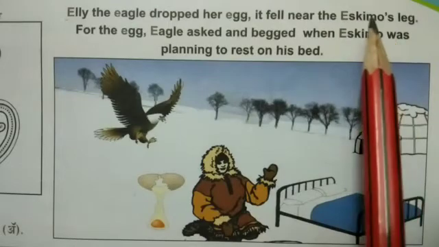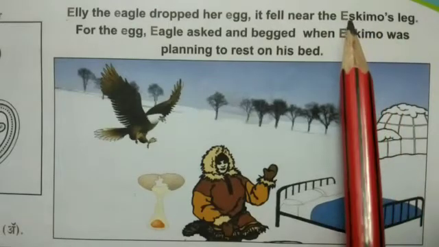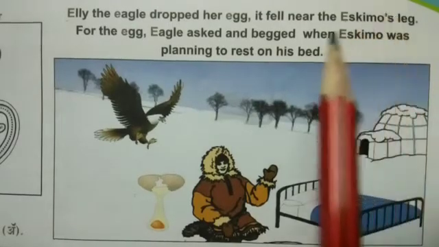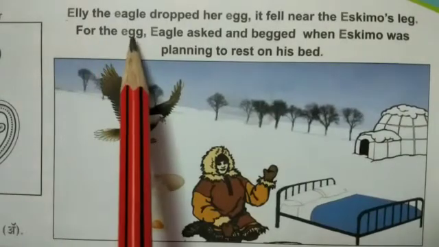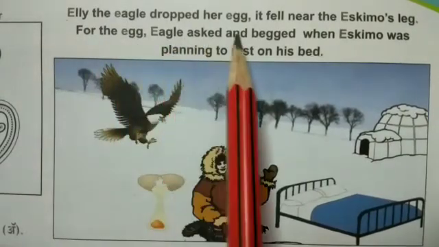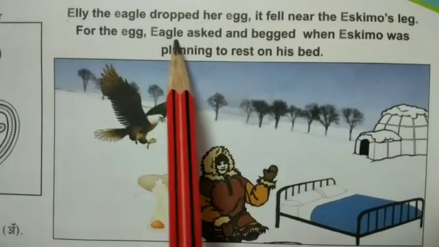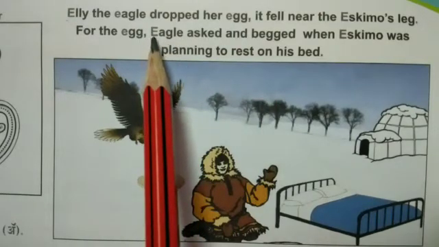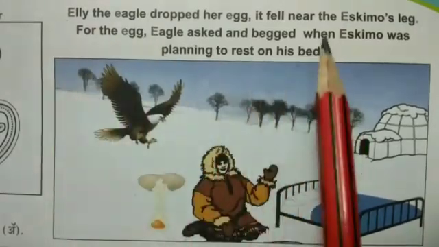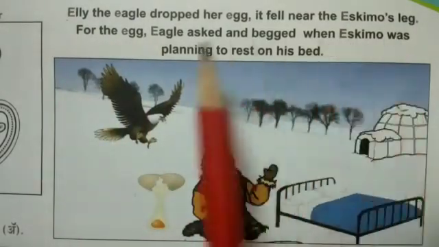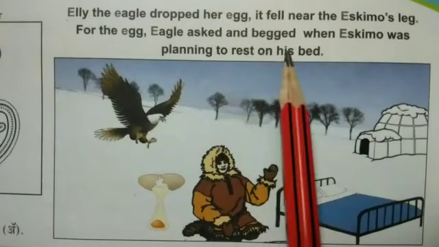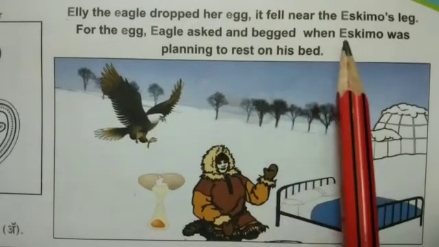In this word, the capital E is hidden over here. For the egg, eagle asked and begged. Now can you tell me in this word where is capital E? Yes, here it is. When Eskimo was planning to rest on his bed. In this word, the capital E is here.